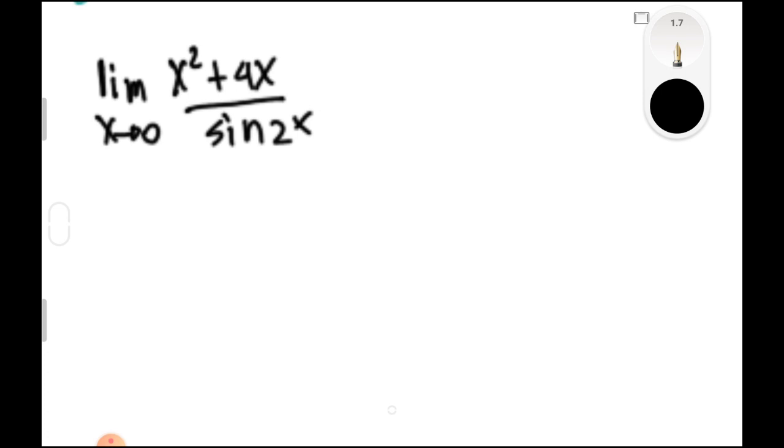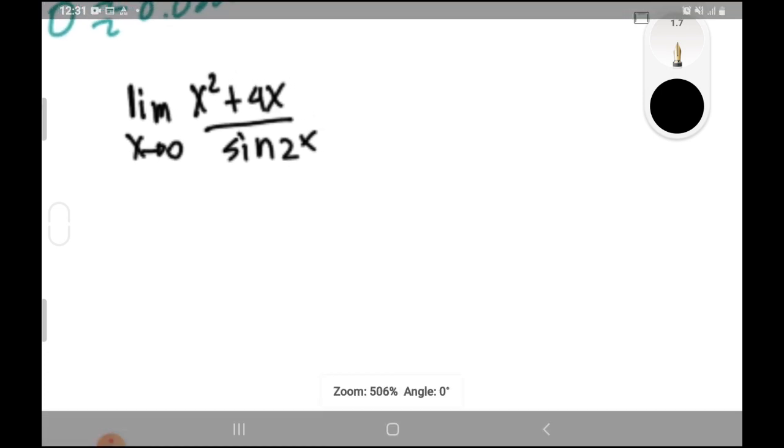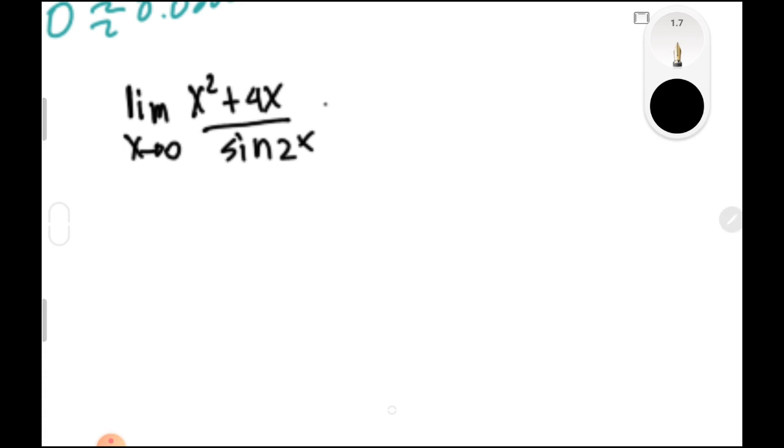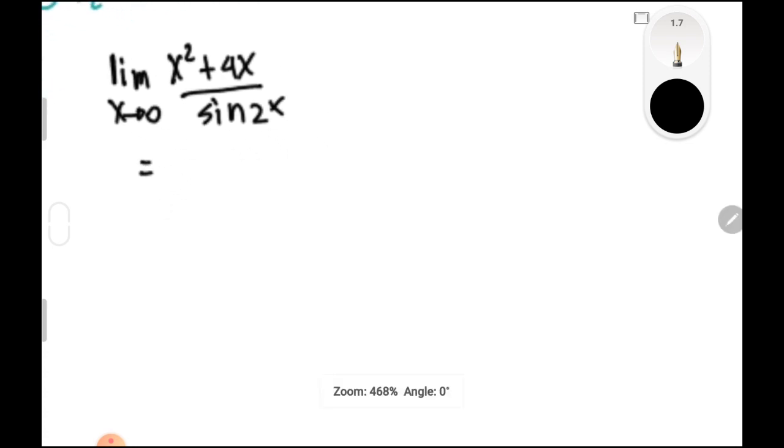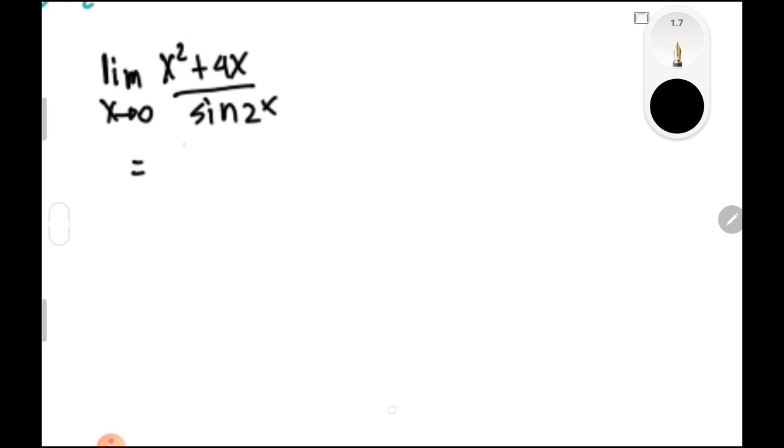Our first way is probably this one. We can manipulate this equation into x squared all over sine 2x, from the rule of fractions, plus 4x all over sine 2x.